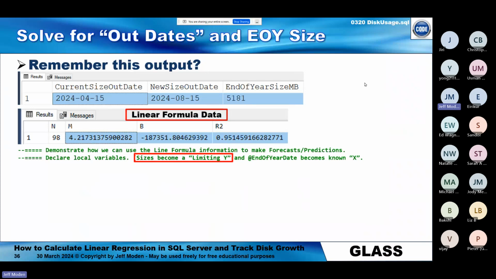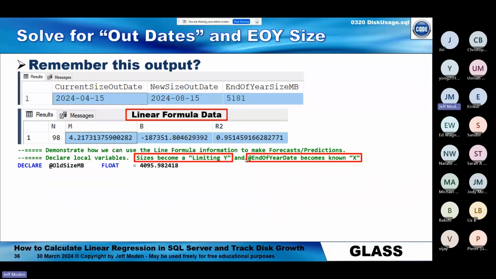Now, the sizes that we're getting ready to declare become limiting values of y. In other words, hey, what's our old disk size and what's our new disk size? Those are values of y that we have to run into our two lines so that we can come up with a date when we are going to run out of disk space. And that date is going to be one of the dates that we want to calculate is the end of year date, and that will also become a known x.